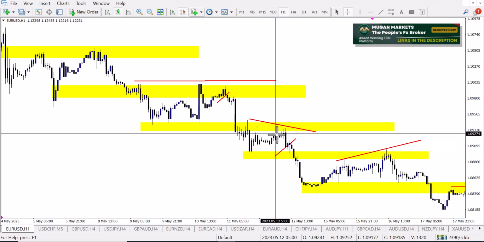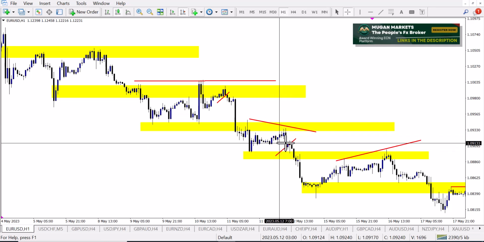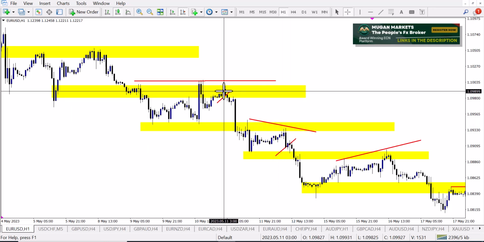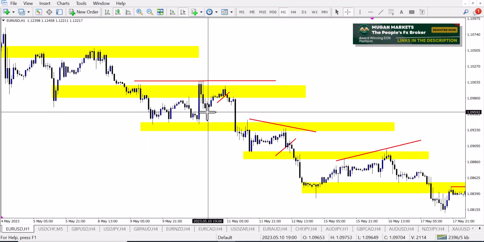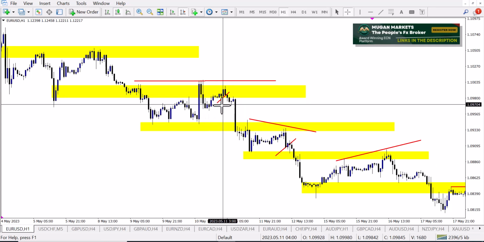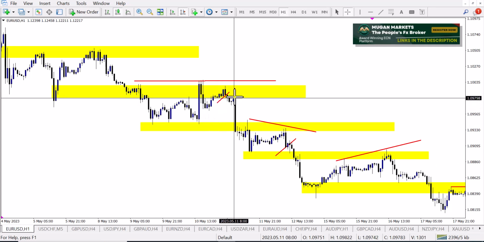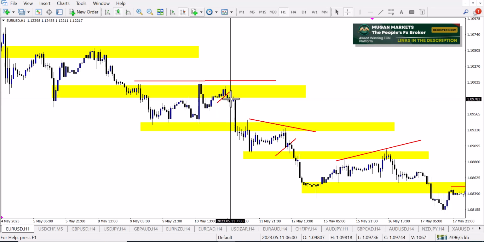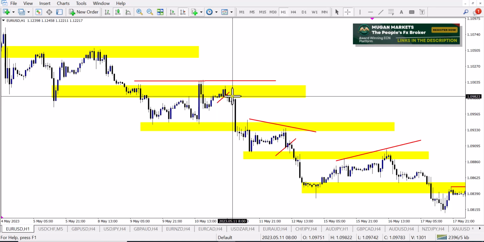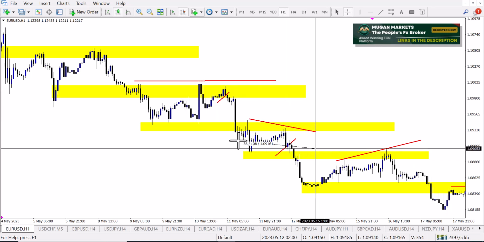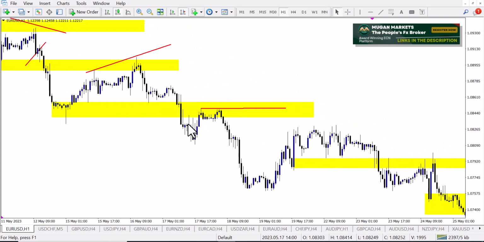So right in the London Q zone, you can expect this pattern. And on this first one, this was in Asia. So if you are someone who doesn't trade Asia, you're going to avoid that. But this pin here came in London open, so you could have taken this in London, depending on what session you are trading.